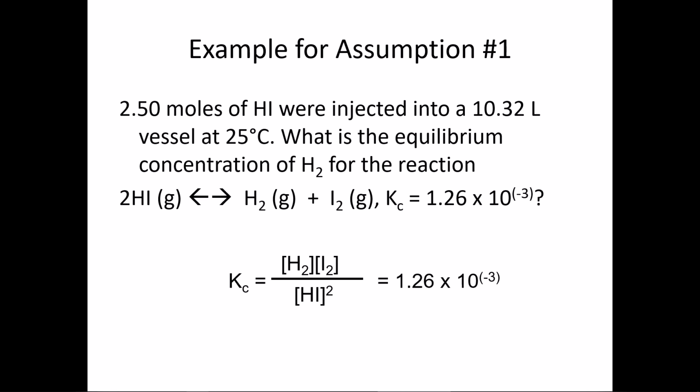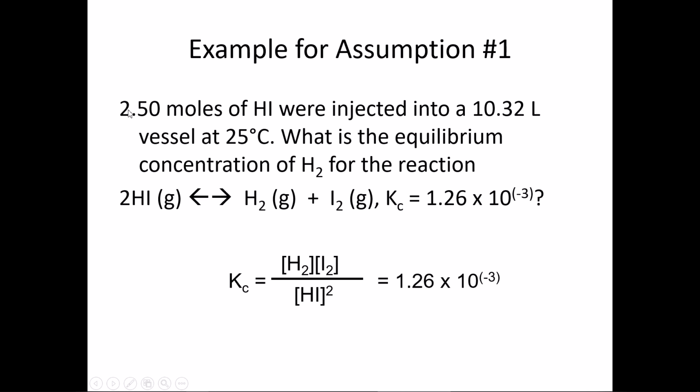We need to set up our ICE table. Now one thing to look at, ICE tables are only for molarity. We're looking for concentration values. So I can't put moles on my ICE table, and I can't put volume on my ICE table. I need to find molarity.